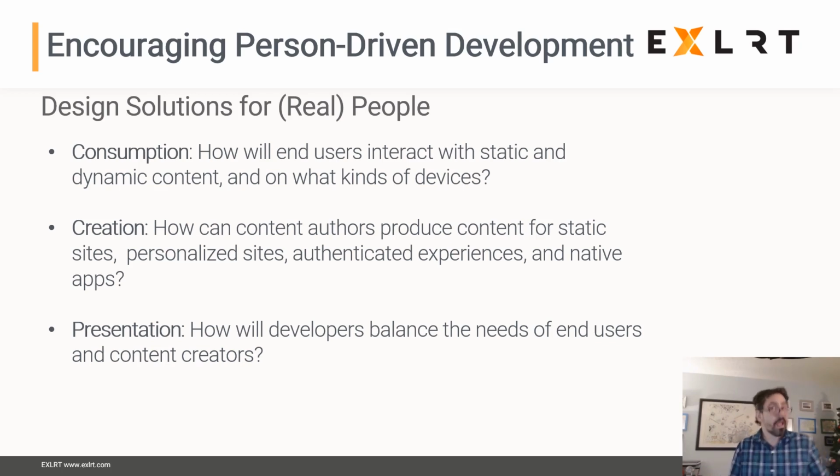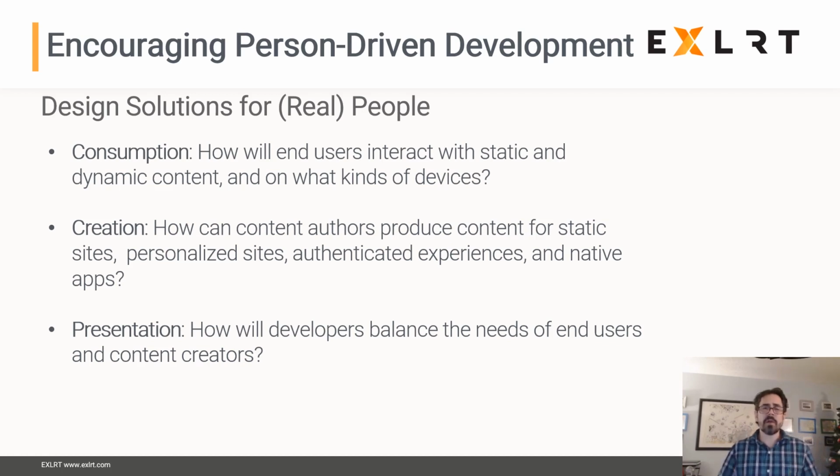What kinds of devices are they going to use? Think about how a content author is going to produce content for static sites, personalized sites, authenticated experiences, different kinds of personalized experiences, and native apps.